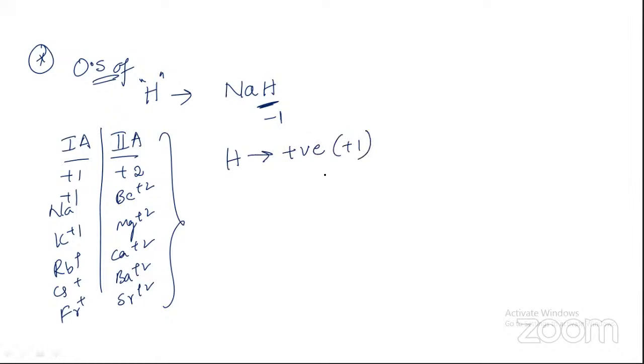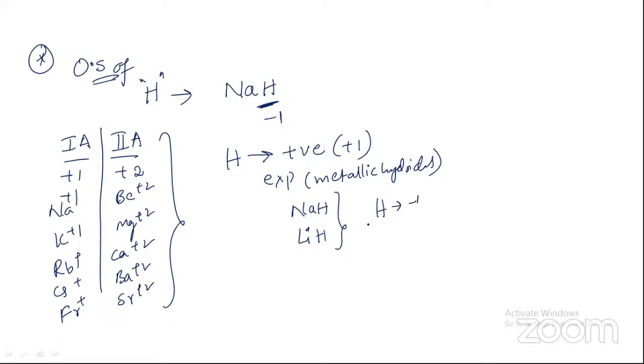Exception: metallic hydrides, यानी जब भी मेटालिक हाइड्राइड होता है, जैसे सोडियम हाइड्राइड या लिथियम हाइड्राइड, इन सब टाइम पे आपका हाइड्रोजन का -1 होगा.